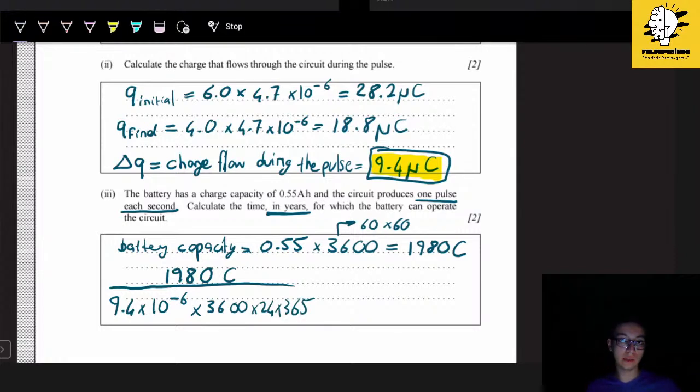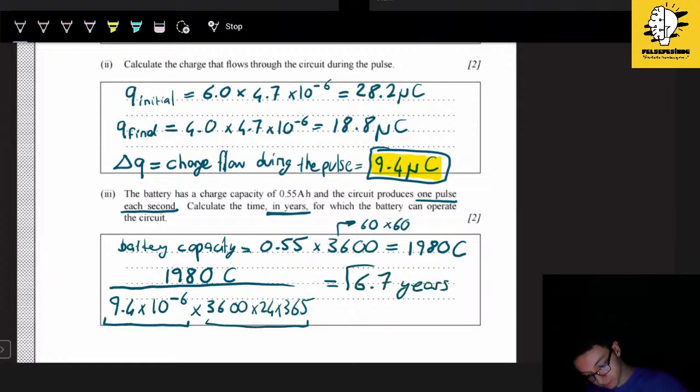It says 1 pulse each second, so this is the number of seconds in 1 year, this is the amount of charge per pulse, and this is the amount of charge available in the battery as capacity. This will be equal to 6.7 years. Right again? Yes, I think it's a perfect solution.